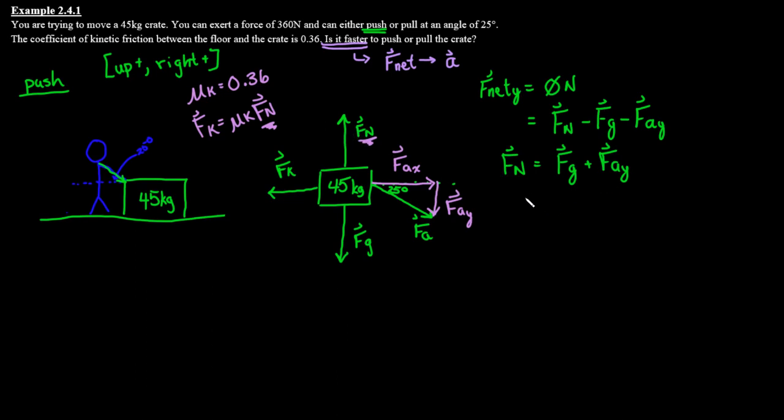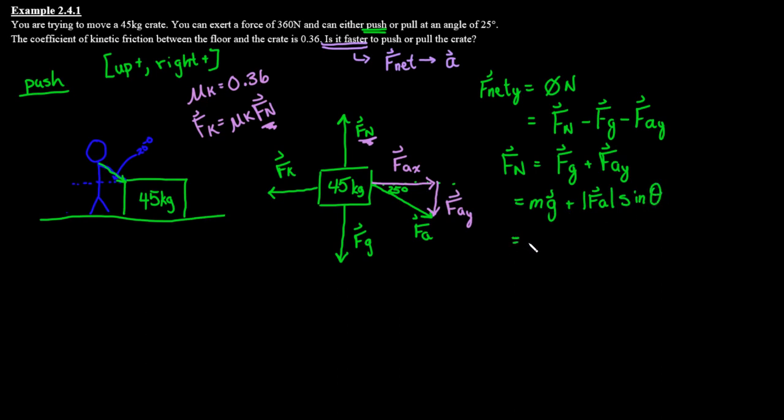Okay, so now let's go and solve for Fn. So Fg is just mass times gravity, where the applied force in the y direction is the magnitude of that applied force, times, in this case, notice y is opposite that angle, so we're using sine theta.